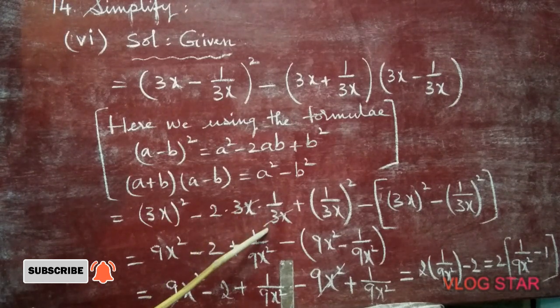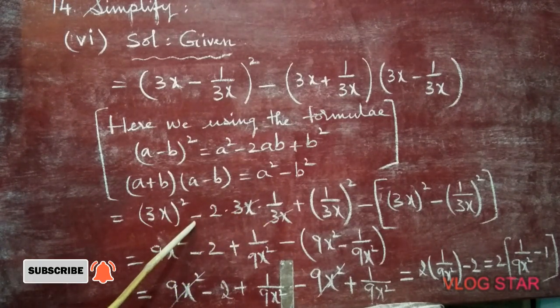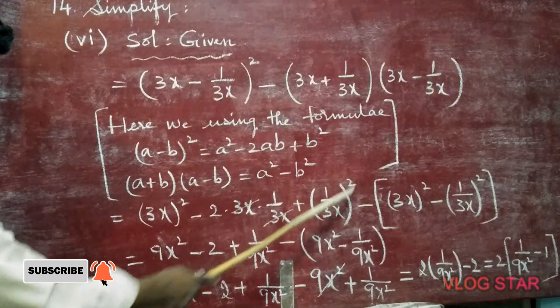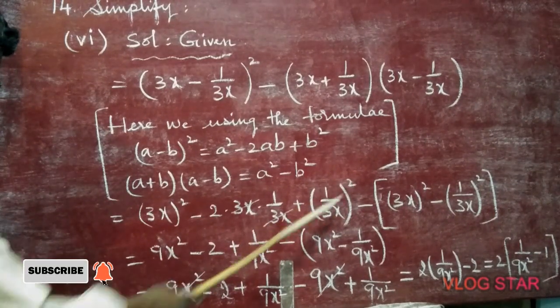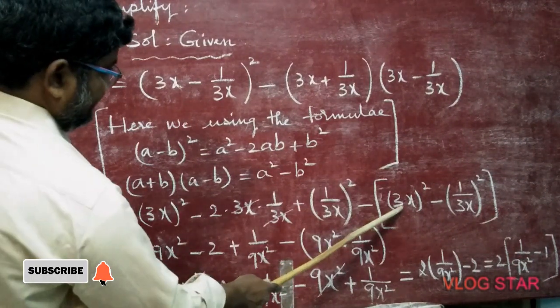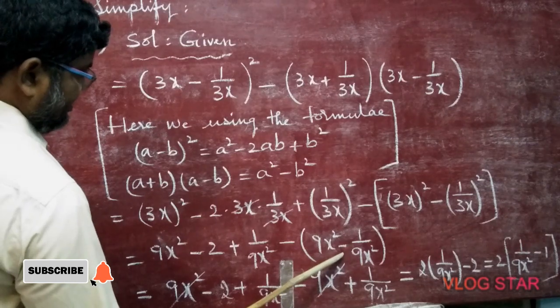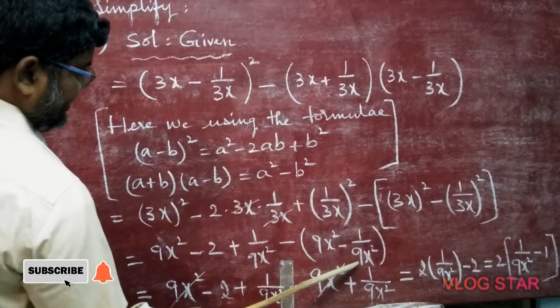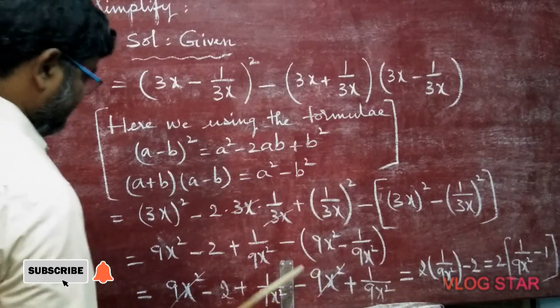Here 3x and 3x get cancelled. Minus 2 into 1 is 2. Plus 1 square means 1. Then (3x)² means 9x². Minus of, now coming to here, 9x² − (1/3x)². 1 ones are 1. (3x)² means 9x².